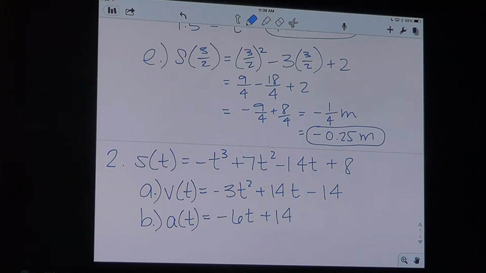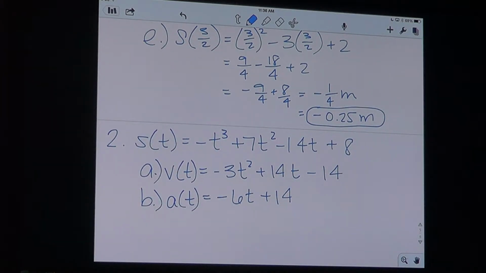Okay. C says, when is the particle at rest? So if we know a function for position, velocity, and acceleration, which of those functions would we want to use to figure out when it is at rest? Velocity, and we would want to know when the velocity is what? 0.